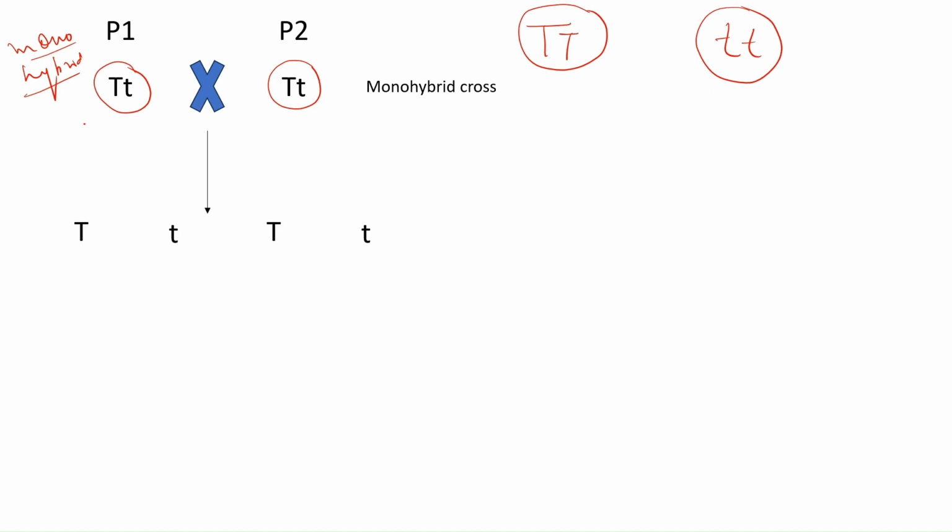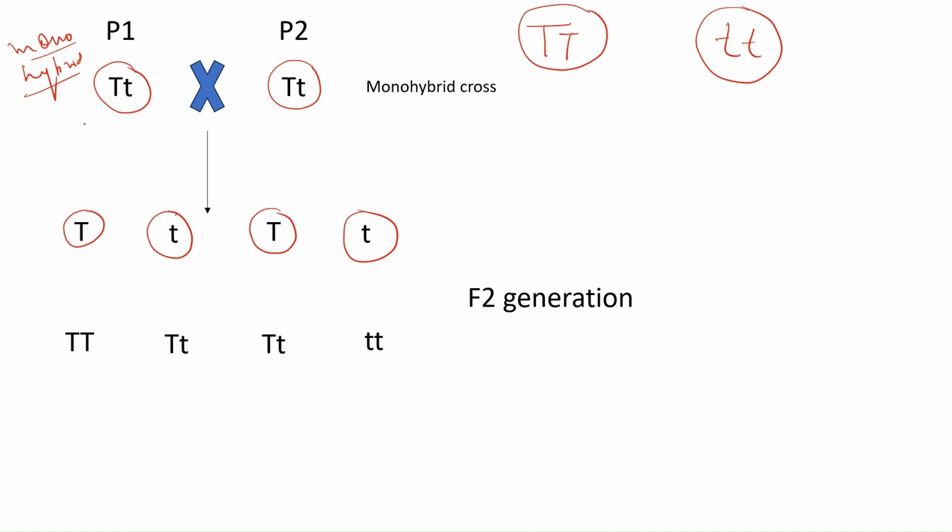Before crossing, they will segregate. That means they will separate. We already studied that gametes separate before fertilization. So here the gametes get separated. After separation, the result obtained in the F2 generation will be this.